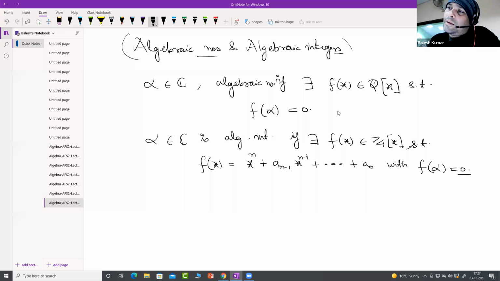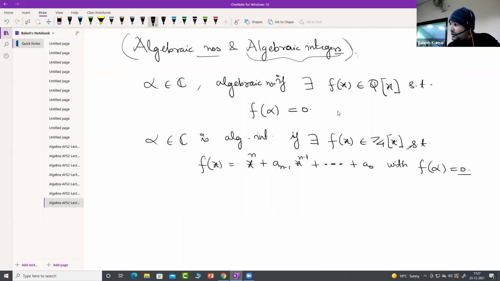Although in general these results may not have any direct use, in number theory they have a lot of applications, and a lot of results are central to these notions, algebraic integers and all.